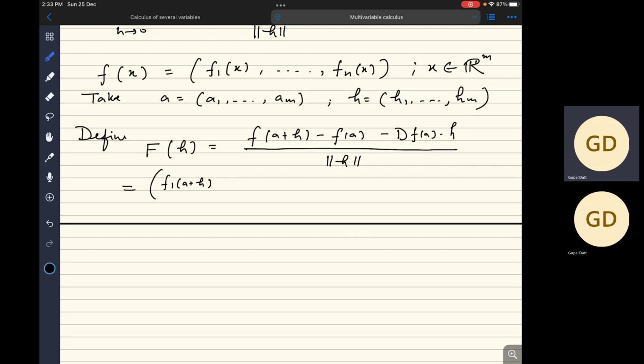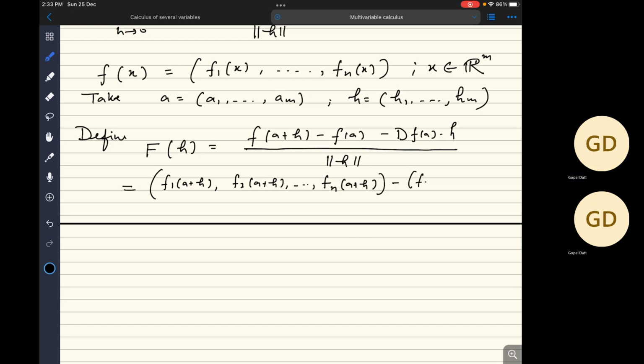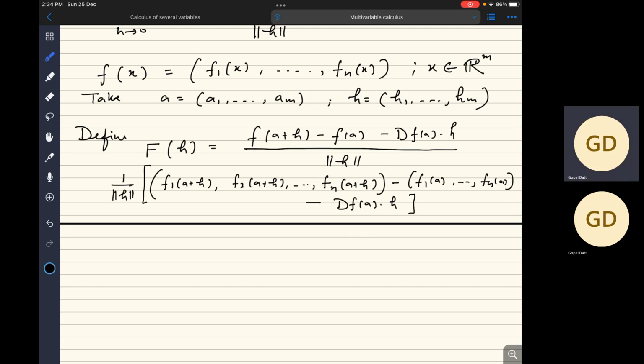This will be f1(a+h), f2(a+h), ..., fn(a+h), minus f1(a), ..., fn(a), minus Df a dot h, divided by norm h. Let me write it like this, with this 1 by norm h. This is equal to this.